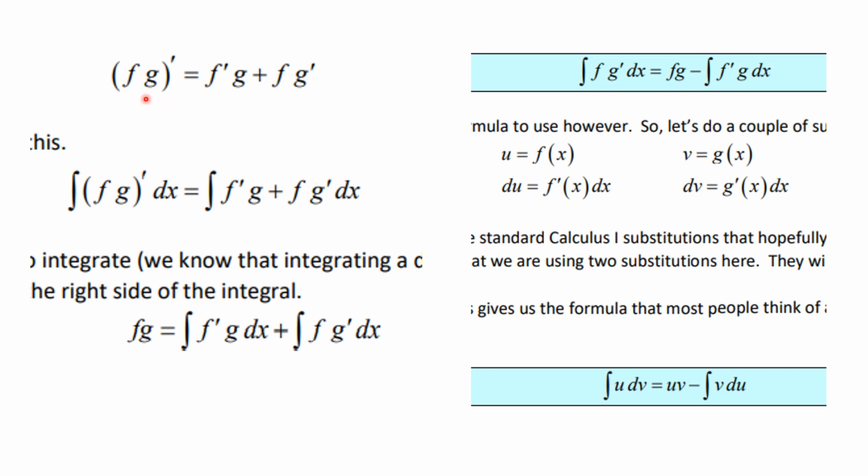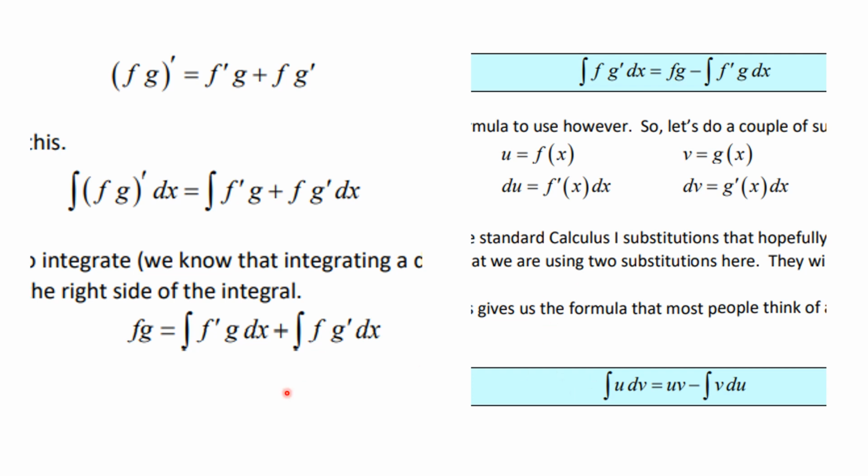Now this comes directly from the product rule. The product rule for f and g is this. So if I integrate both sides, I will have this. But the integral of the derivative of fg is fg, and I'll integrate term by term and get this, and I will call f of x being u, and I will call v being g of x, and when I substitute things in, I get this formula.